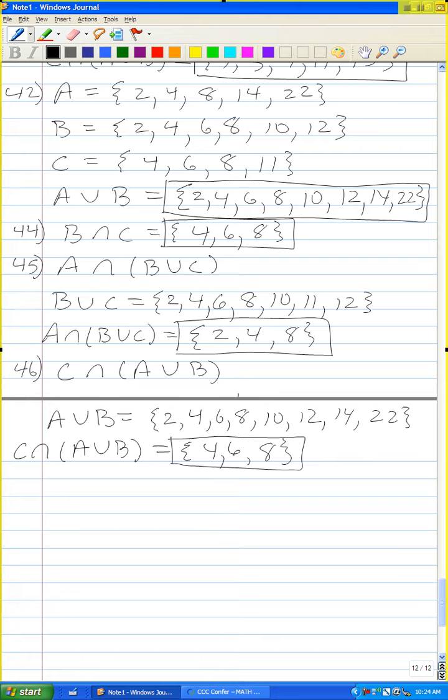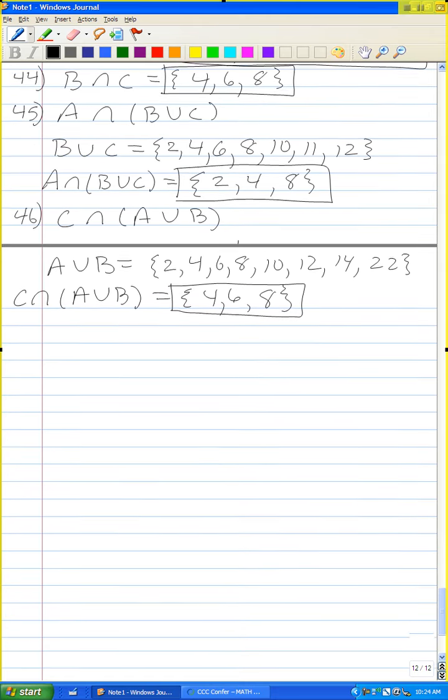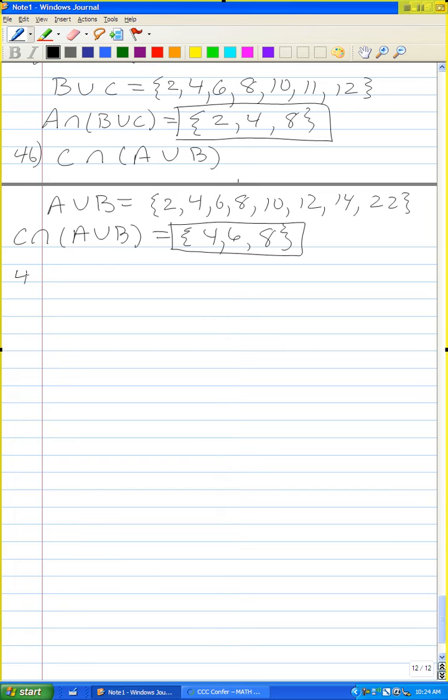Okay. Let me do problem number 47. In exercises 47 through 50, compute the indicated set operations where S is the set of letters in the word send, E is the set of letters in the word empty, EMPTY.